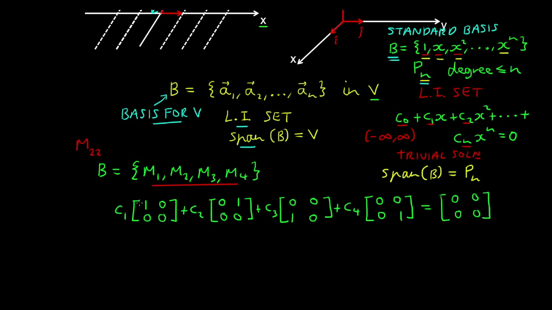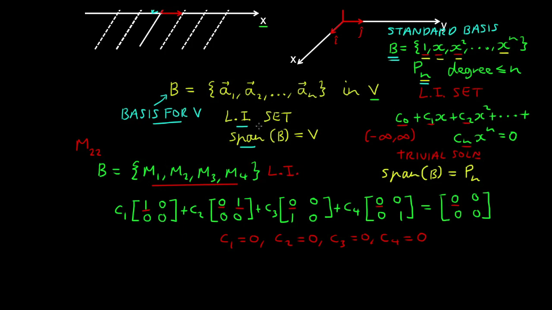So therefore this equation only has the trivial solution, because we have c1 times 1 plus 0 times c2 plus 0 times c3 plus 0 times c4 is equal to 0. So therefore c1 is equal to 0. And by a similar argument, c2 is equal to 0 and c3 is 0 and c4 is also equal to 0. So therefore B is a linearly independent set.